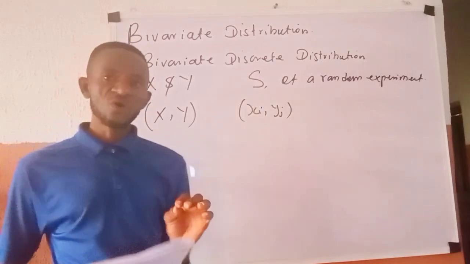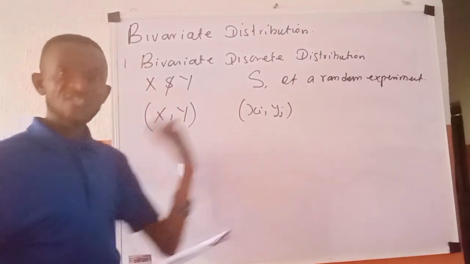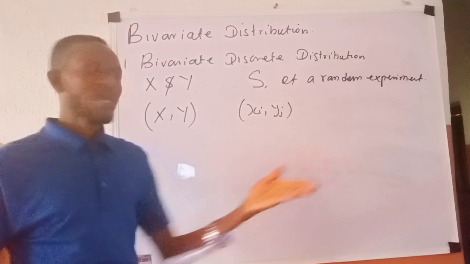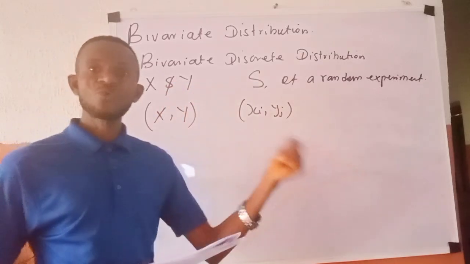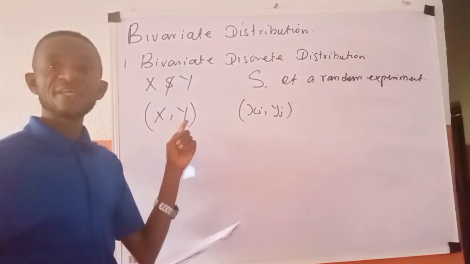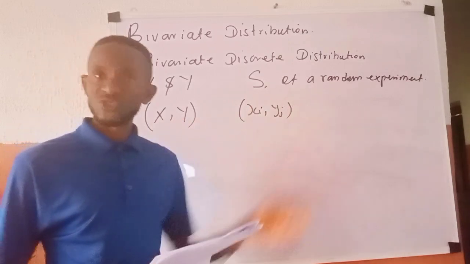Of course, we should know that just like the random variable x has its own distribution, and the random variable y has its own distribution, equally, this (X, Y) is also a random variable, and it has got to have its own distribution.